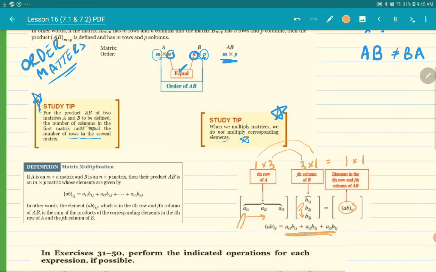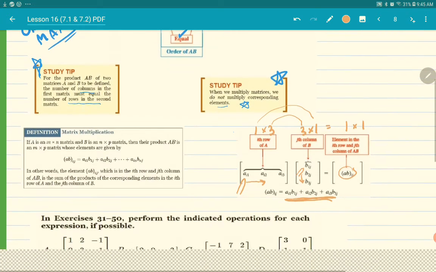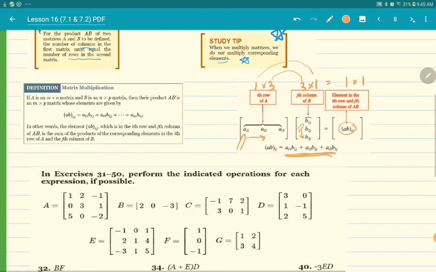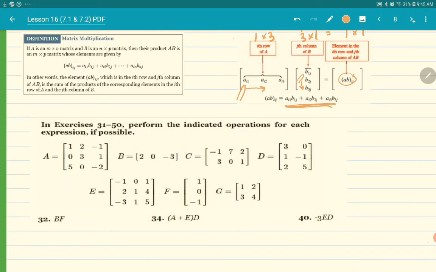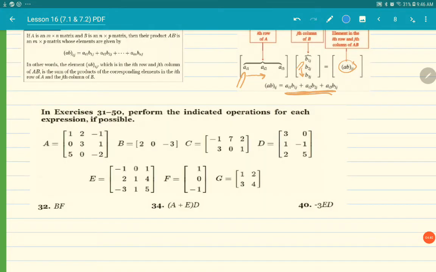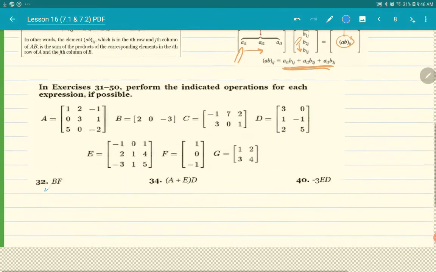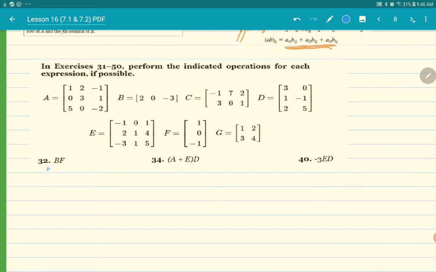All right, so let's try some examples here. In your homework, you have 31 through 50. So let's try BF. First I want to check the dimensions. B is a 1 by 3 matrix, and F is a 3 by 1.